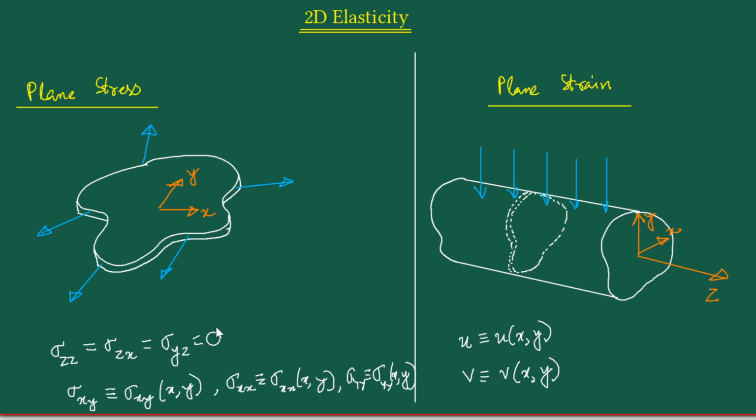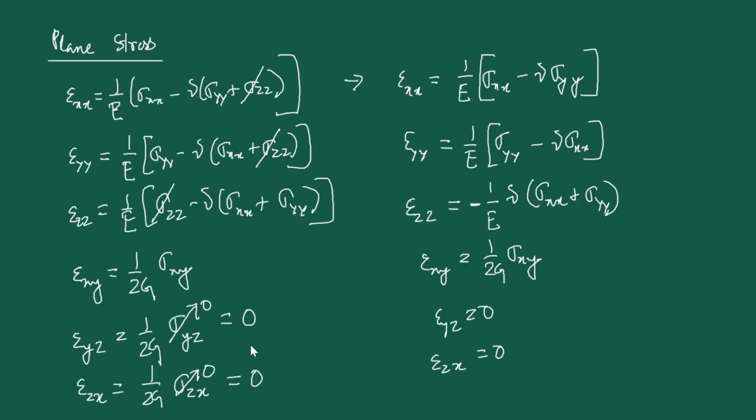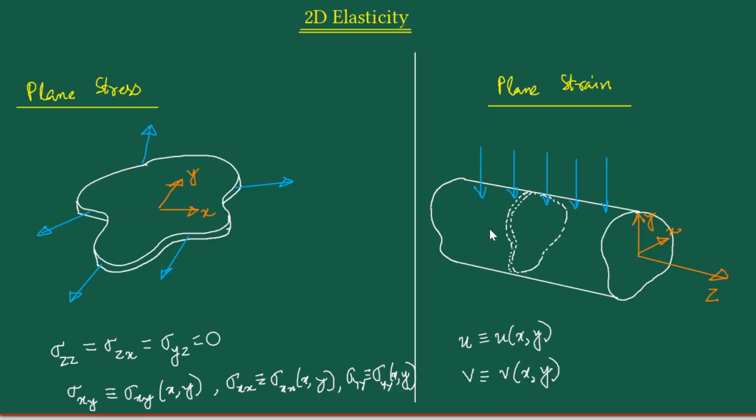Let us first talk about plane stress for a moment. Just from what we have obtained from the plane stress case, epsilon zz being non-zero means that there is a possibility of this height changing. So if epsilon zz is not 0, then this height can change.